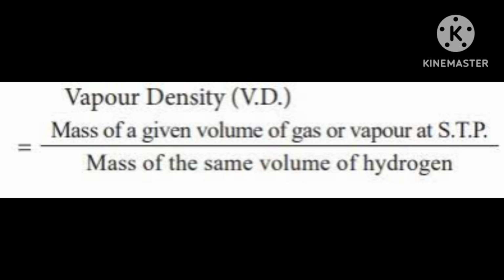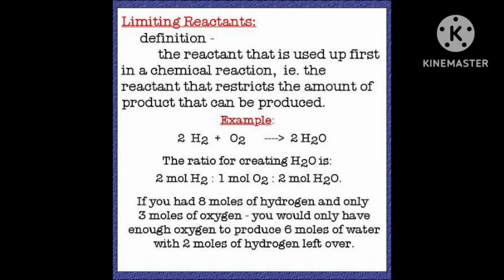Easily you can know the volume. 1 mole has several relations. 1 mole is equal to 22.4 liter at STP or 22,400 ml at STP. This is the first relation. Second relation, mole is equal to atomic weight, or atomic mass.